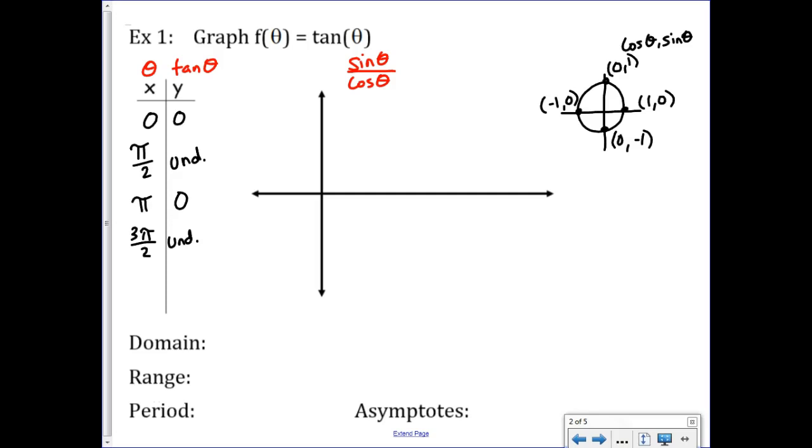So I'm going to plot what we have so far. I'm actually going to go pi over 2, pi, 3 pi over 2. I could keep that going as well if I wanted to. So pi over 2, we said we're undefined. There's an asymptote there.